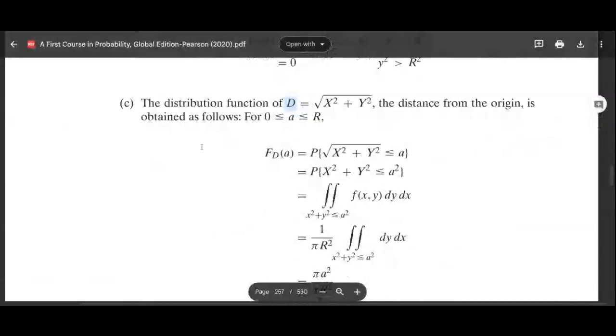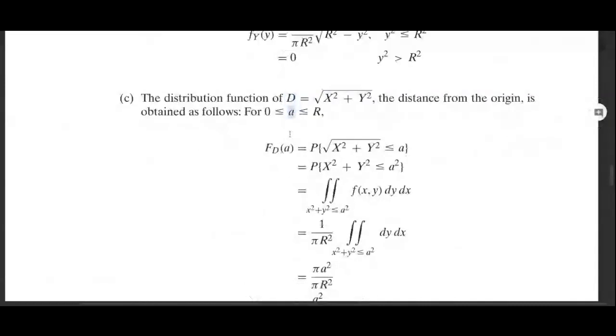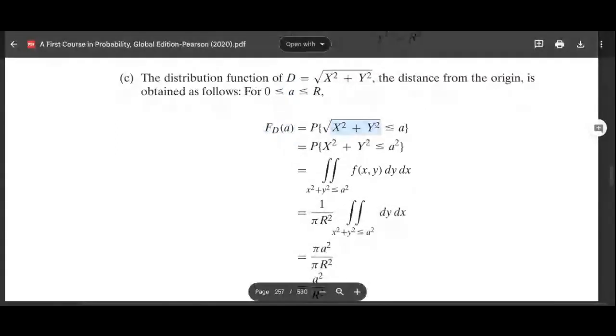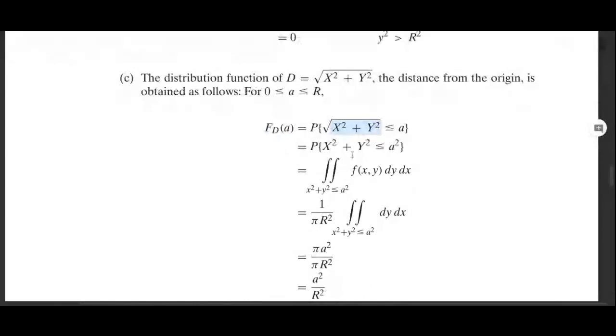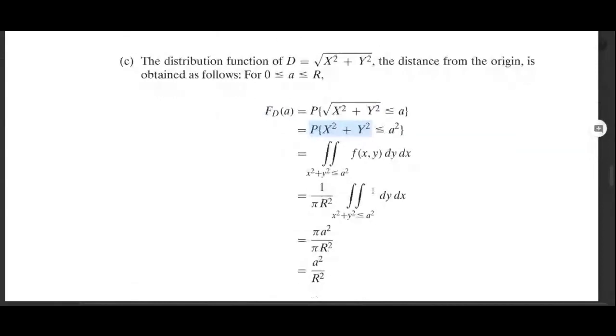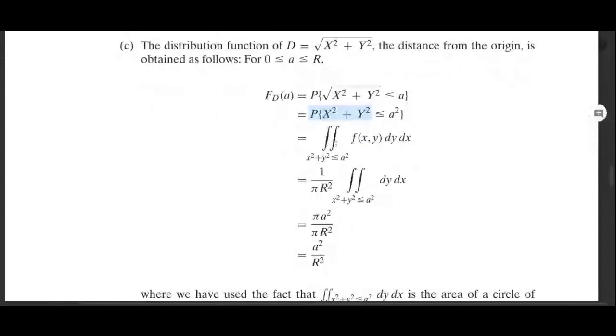Because a has to be inside the circle, a has to be less than or equal to r. So for D less than or equal to a, that means x squared plus y squared is less than or equal to a squared. Then we can do the calculation.